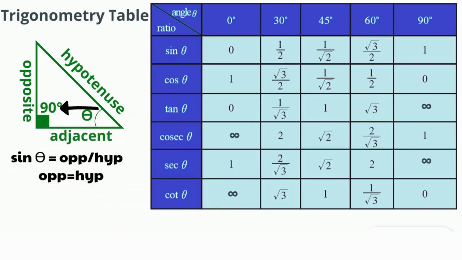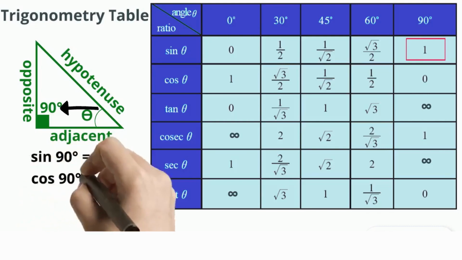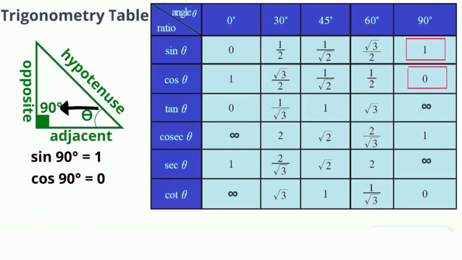Here opposite is equal to hypotenuse. Then sine 90 degrees is equal to 1. We follow the same thing for cos theta. Cos theta is equal to adjacent divided by hypotenuse. Adjacent divided by hypotenuse means 0 divided by anything is equal to 0. Cos 90 degrees is equal to 0.